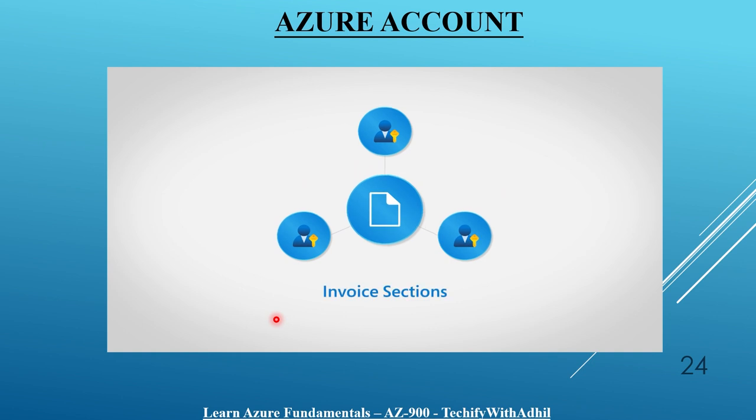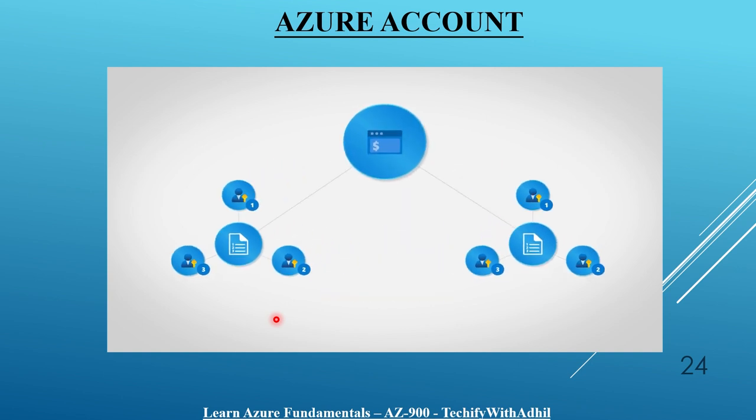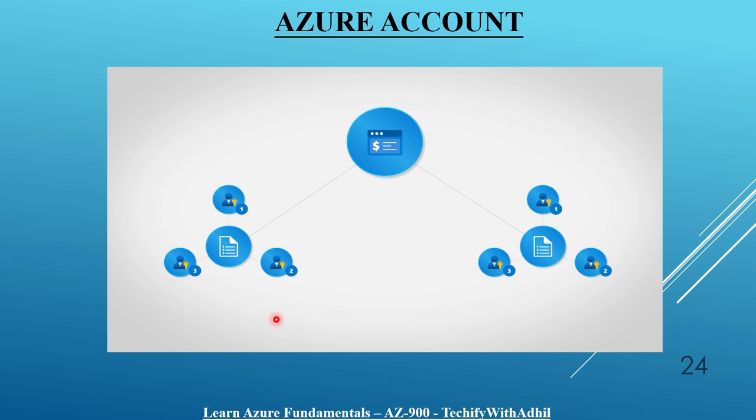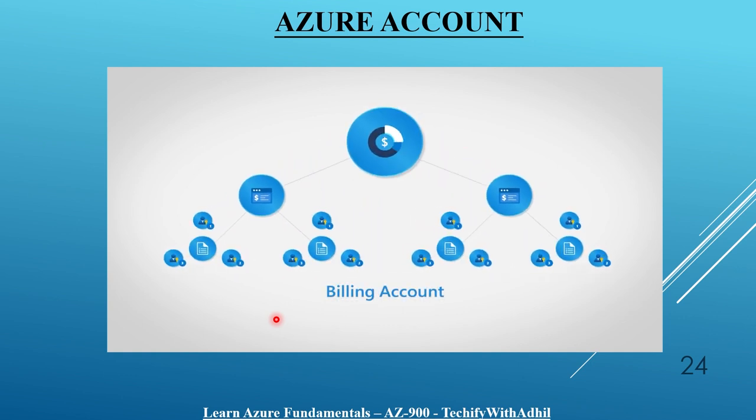If you have multiple subscriptions, you can organize them into invoice sections. Each invoice section is a line item on the invoice that shows the charges incurred that month. You can also set up multiple invoices within the same billing account by using billing profiles. Each billing profile has its own monthly invoice and payment method.